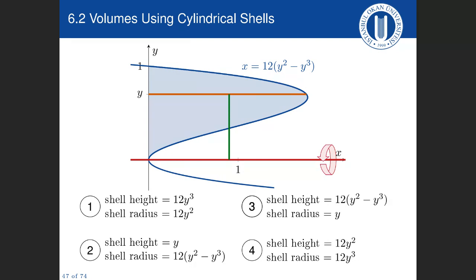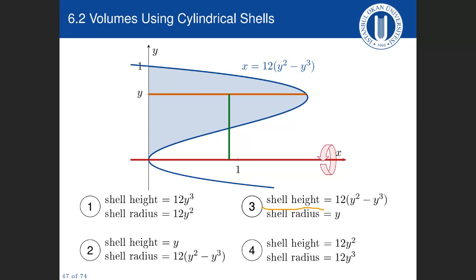And we have an even split between 1, 2, and 3. First of all, shell height is the orange line, because shell height is always parallel to the axis of revolution.